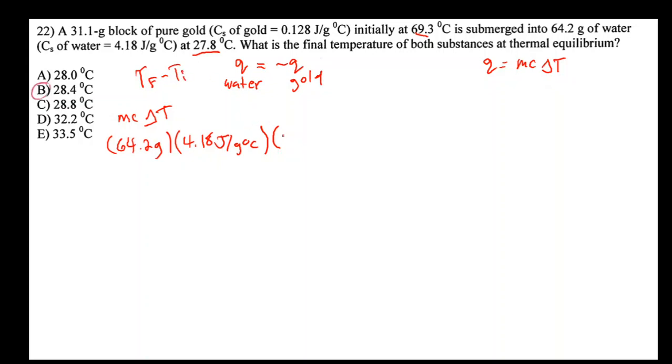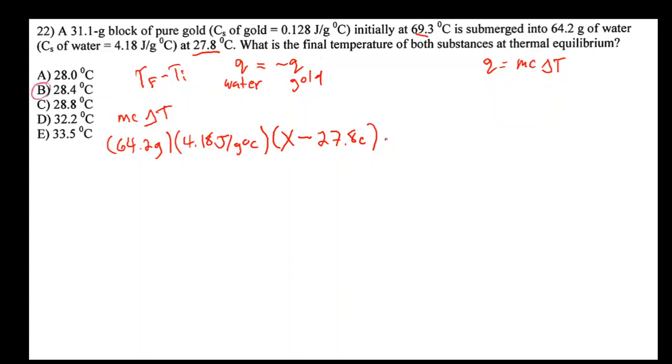So TF, that's what we're trying to figure out, so I'm just going to label that X, because that's our unknown, minus water's initial temperature, which was 27.8 degrees Celsius.